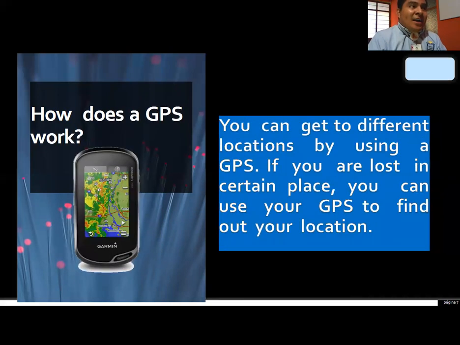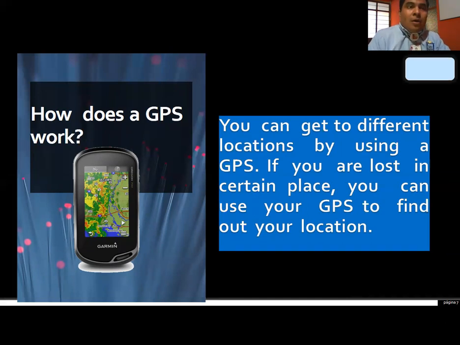Next, how does a GPS work? You can get to different locations by using a GPS. If you are lost in a certain place, you can use your GPS to find out your location. This is a very common tool to find different things or people too.